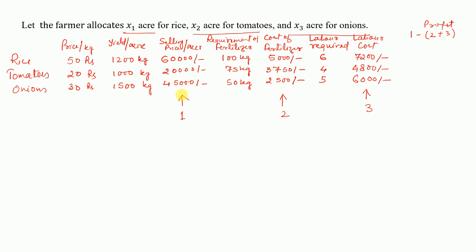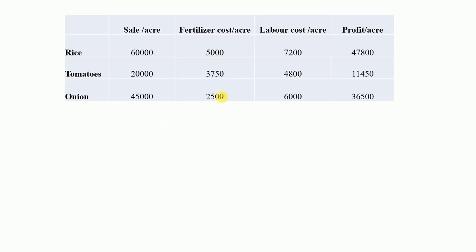So only these columns are required. We can finally make this table in this form. Here I can show you: the sale per acre, the fertilizer cost, the labor cost, and the profit, which is basically this minus this plus this.